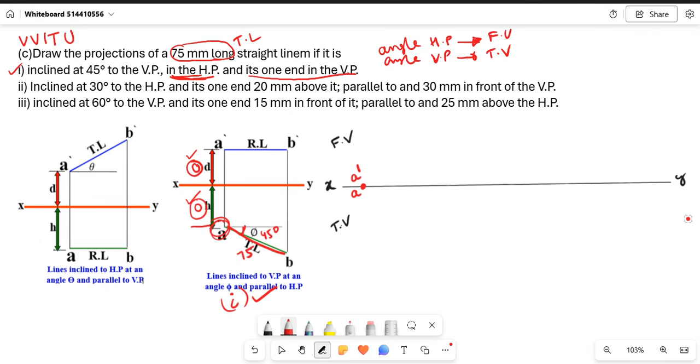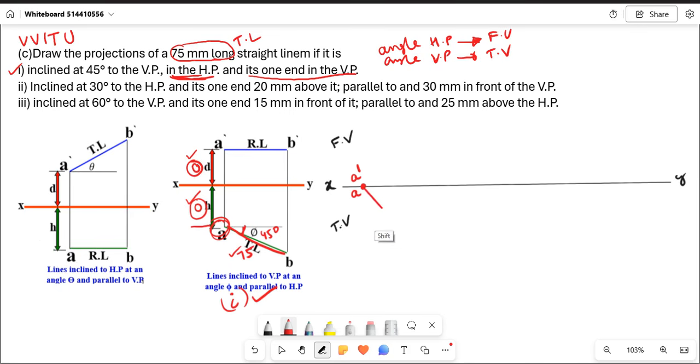Now in the top view, because the line is inclined to VP, we can get that angle in the top view with the true length and true angle. So draw a line of 75 mm length with an angle of 45 degrees.